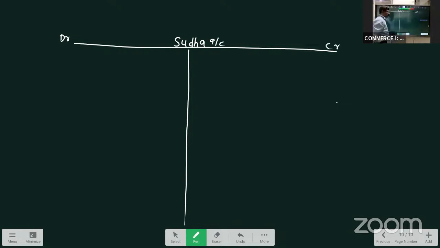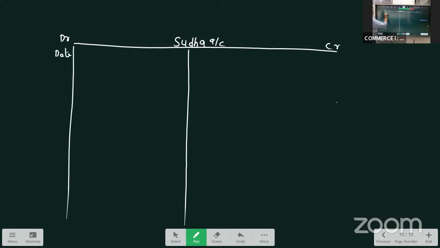It is Sudha. So we are preparing Sudha account. Remember, always write the name of the ledger in the middle top. Left hand side is debit side. Right hand side is credit side. What are the columns? Four columns.